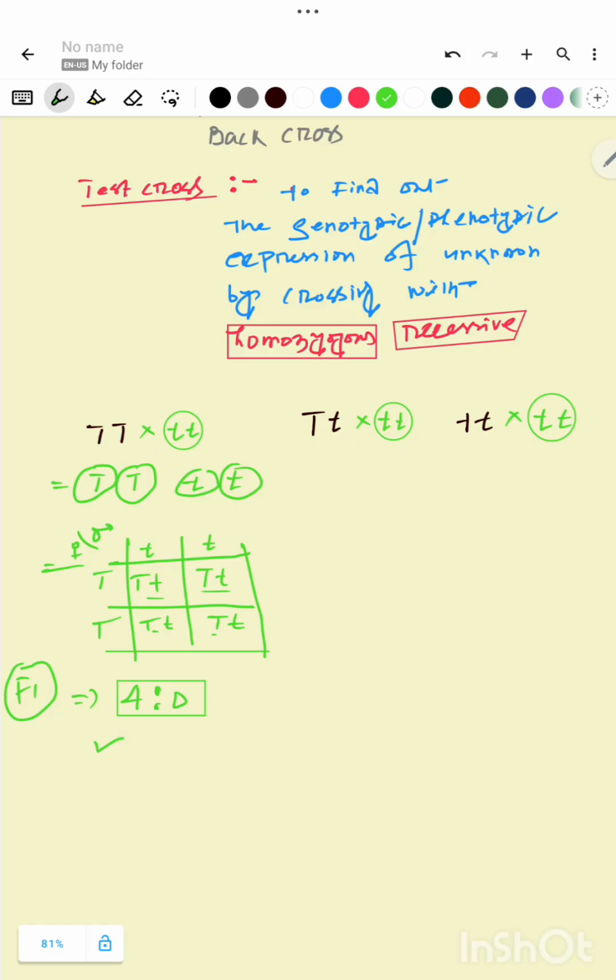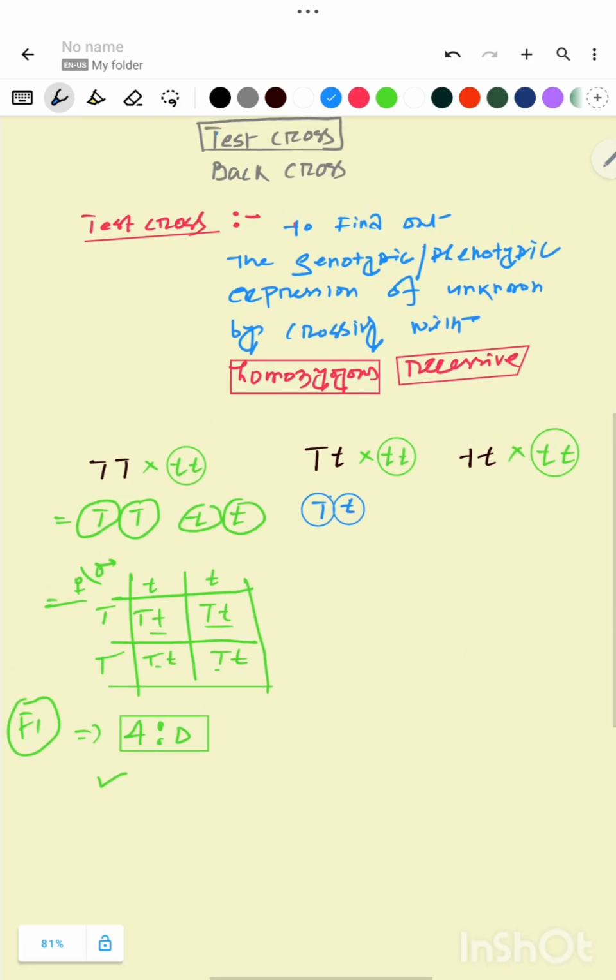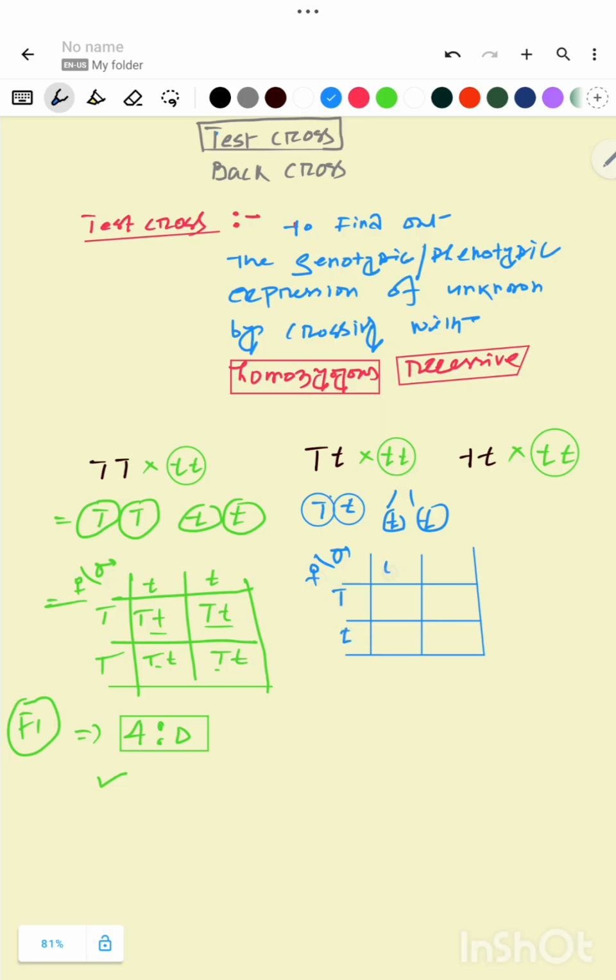Now let's find out the ratio in the next case. Here the gametes will be capital T and small t. One gamete contains the capital T allele and the other contains the small t allele, and they separate by the law of segregation as per Mendel's law. From the other parent also small t, small t. So let's do the crossing. Here you see another pattern of ratio: two capital T, small t and two small t, small t.